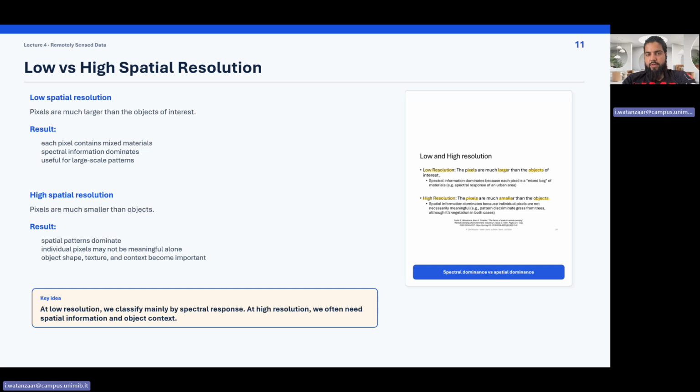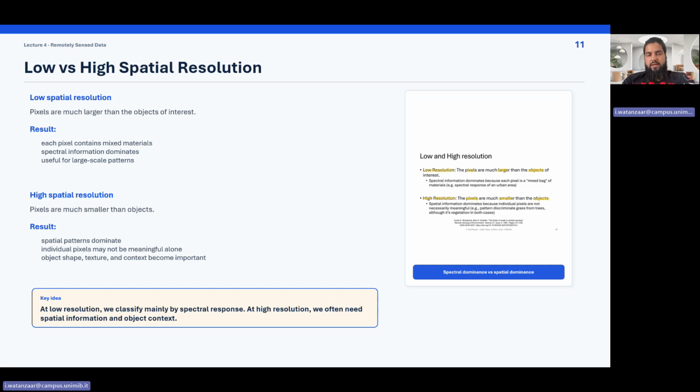Spectral information dominates here because in this case, the pixels are larger than the object size. So spectral reflectance can be much more dominant, but this is useful for large scale patterns. This low spatial resolution is where we would like spectral information to be dominant.